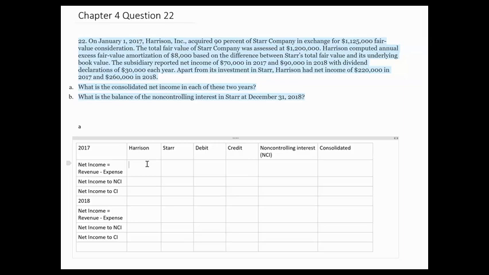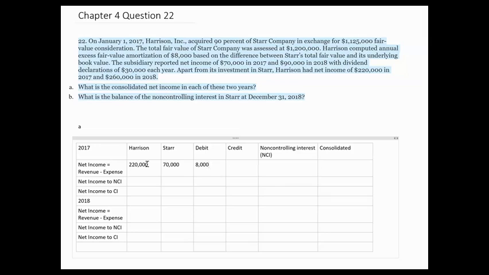So Harrison's net income in 2017 is $220,000, while Star's reported net income is $70,000. But we also need to consider the excess annual amortization expense. That's an expense, which means we need to debit $8,000 in our adjustment column.